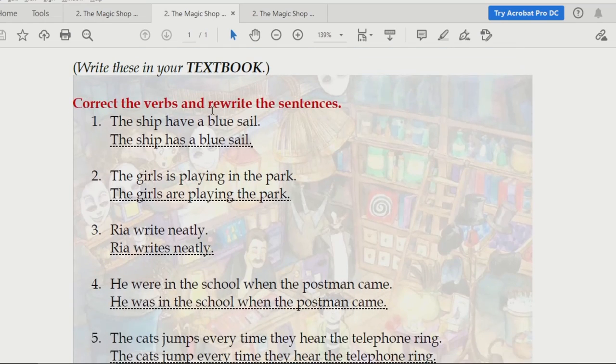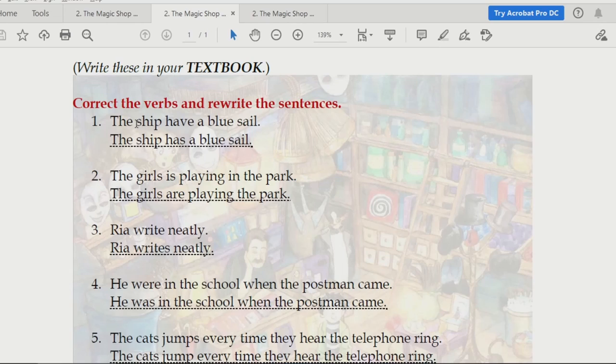Correct the verbs and rewrite the sentences. Verbs, that means doing words or action words. The ship have a blue sail. Now dear students, you may think what is wrong in this sentence. As you can see, the subject over here, ship, is in the singular form.